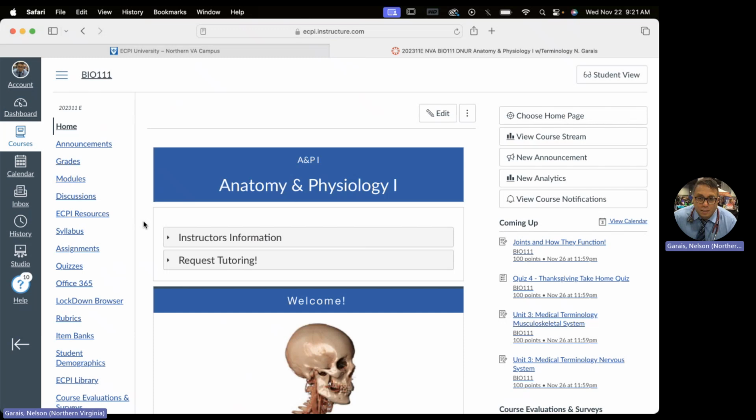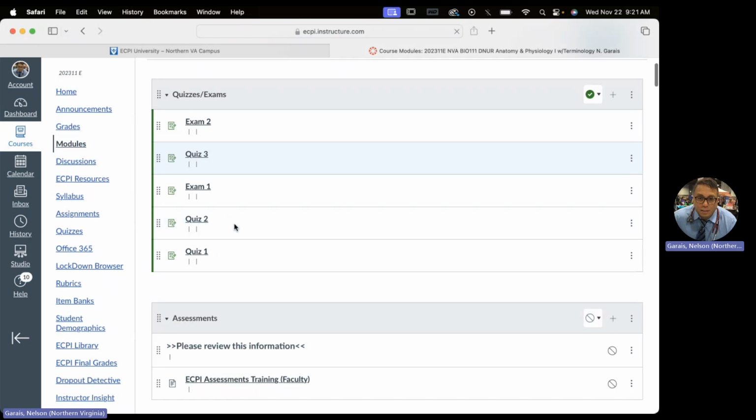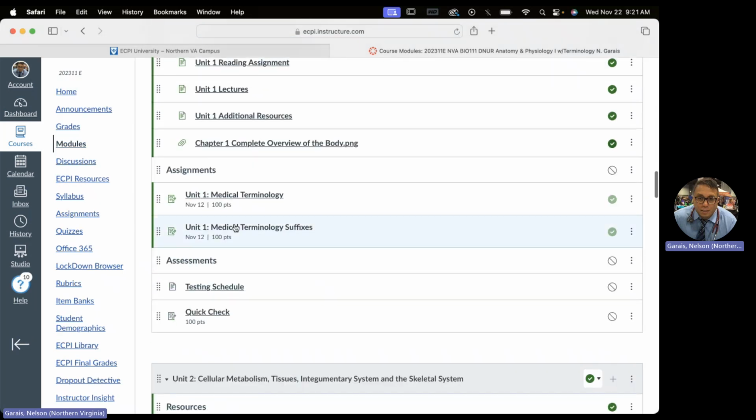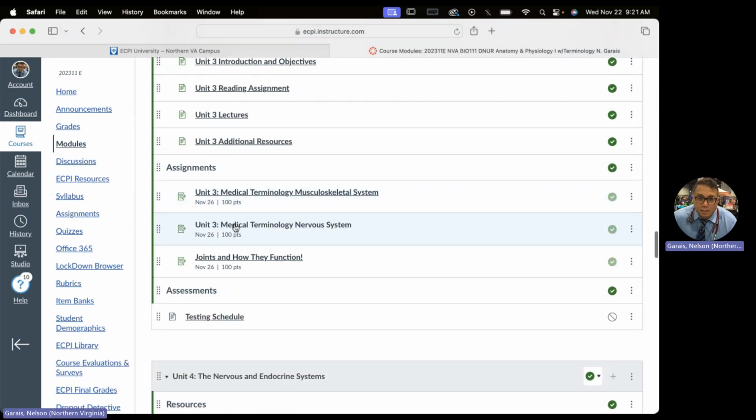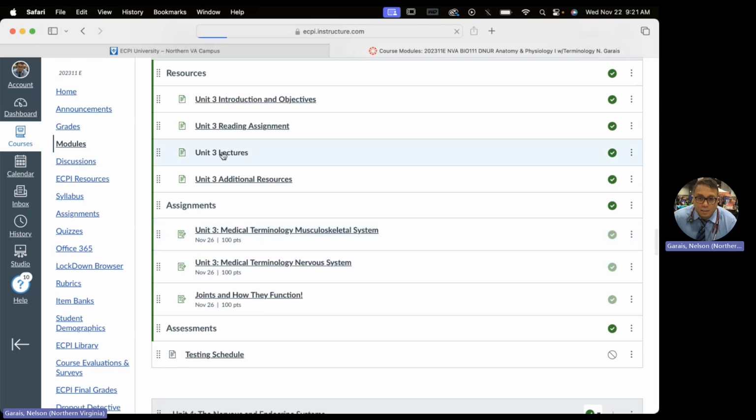And probably by 12 noon today, your laboratory midterm examination should be up and running. So look at that in Bio 111L for laboratory. So go over modules, and now we are well into Unit 3 lectures.